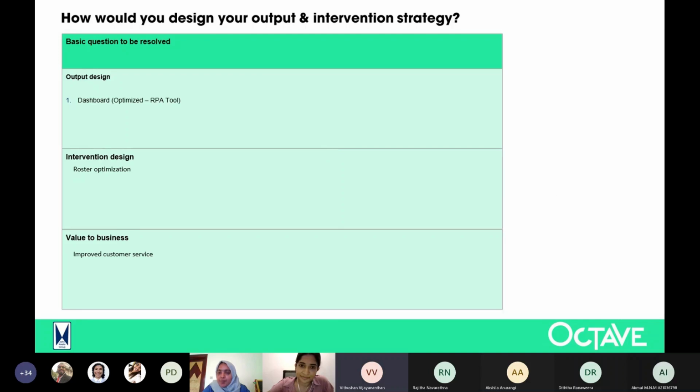Hi, this is Rushan here. So we thought of an output design like a dashboard, because we chose a dashboard. It will be easier to configure with the existing systems they have in their stores, and it will also be more useful when iterating using RPA tools such as UiPath, Blue Prism, Automation Anywhere.